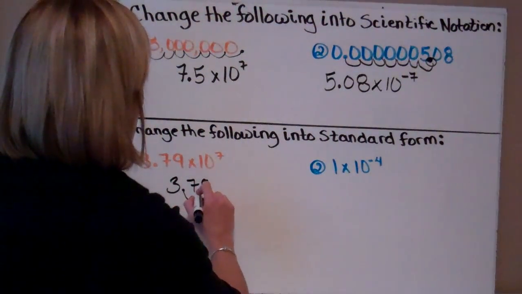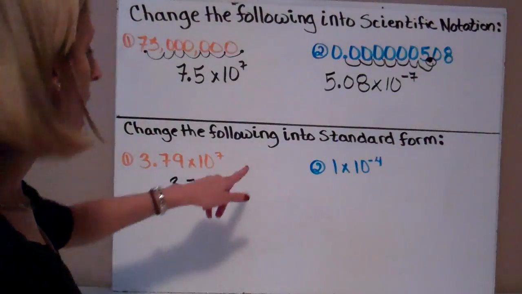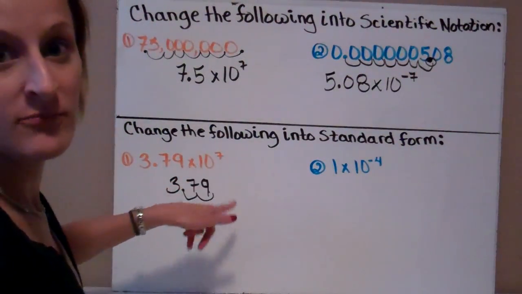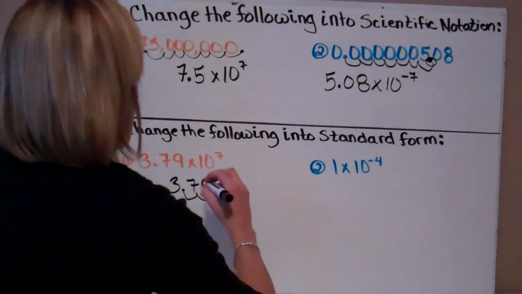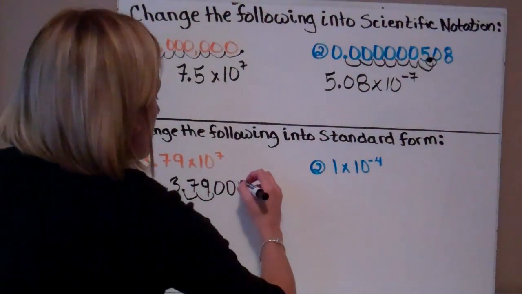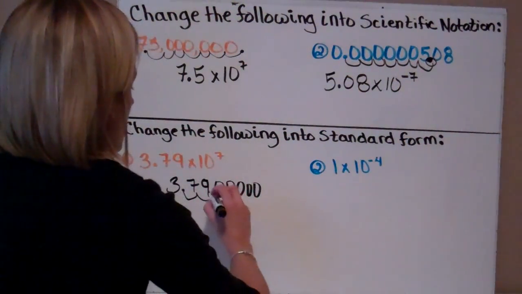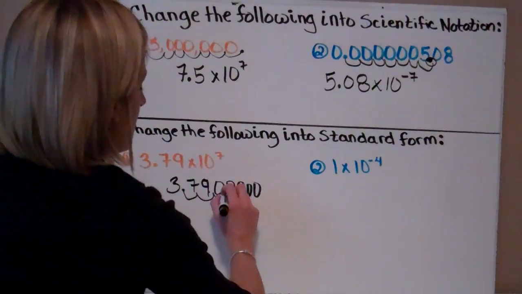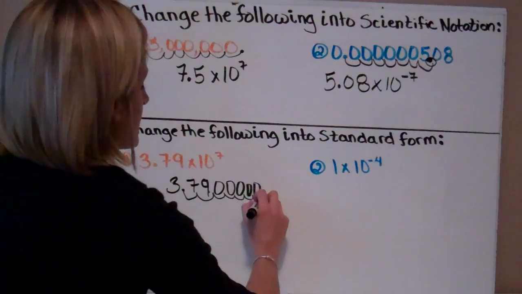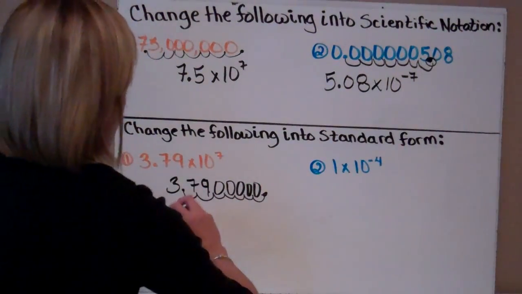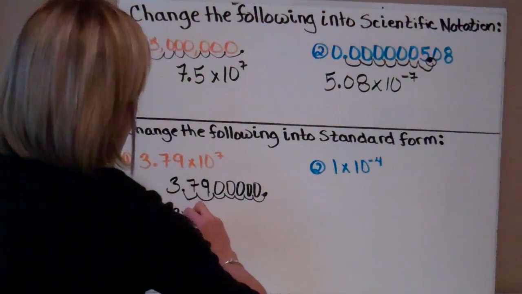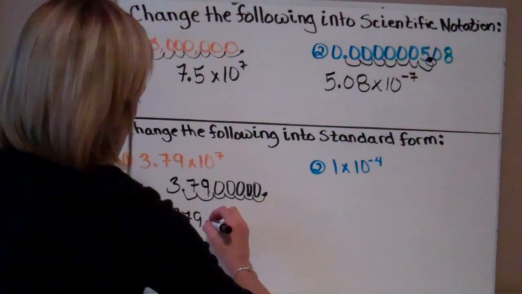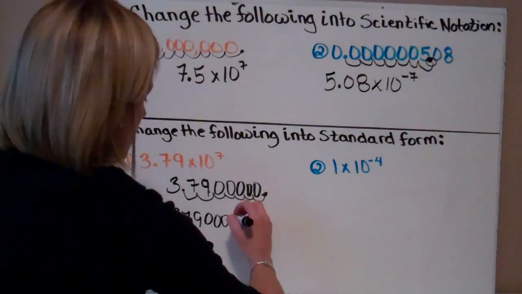So if I move it 1, 2 places already, I still have 5 more places. So I'm going to add 5 more zeros. So 1, 2, 3, 4, 5. So 1, 2 already, 3, 4, 5, 6, 7. So my answer is 3, 7, 9. Add your zeros.